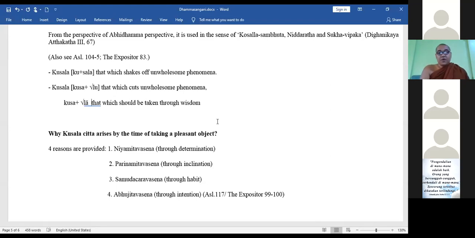So if you want to know someone, who is he, then you have to look at his behavior, his way of thinking, as well as his friends and colleagues and so on.